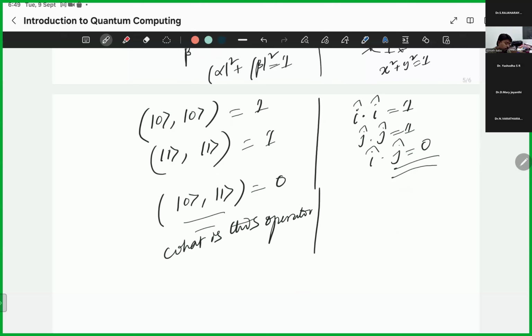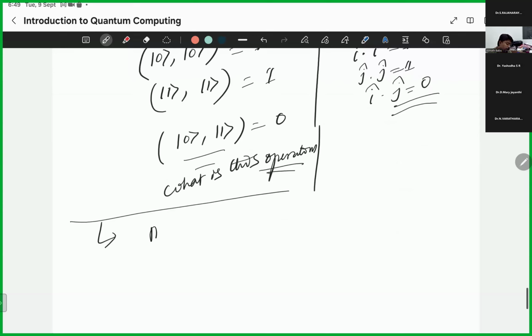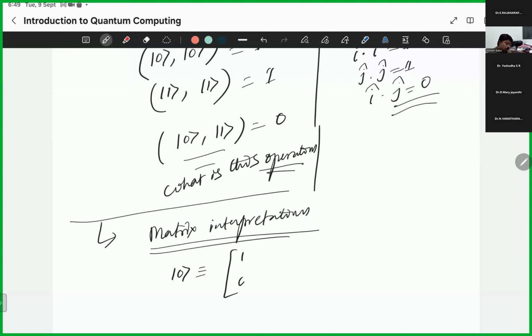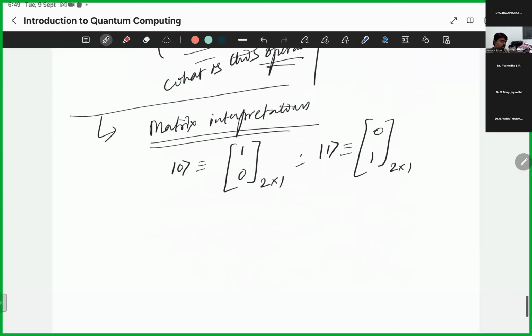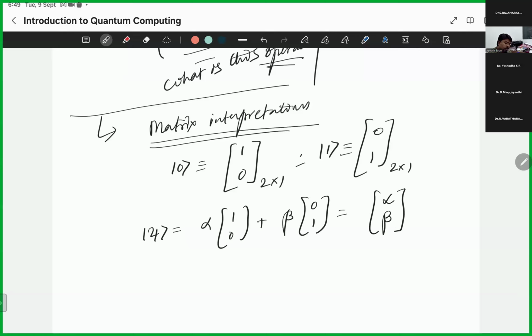To satisfy this case, a matrix interpretation was introduced. They called |0⟩ equivalent to the column matrix (1, 0). Similarly, |1⟩ is equivalent to the 2 by 1 column matrix (0, 1). So the quantum state psi would be alpha (1, 0) plus beta (0, 1), which gives me the column notation (alpha, beta).